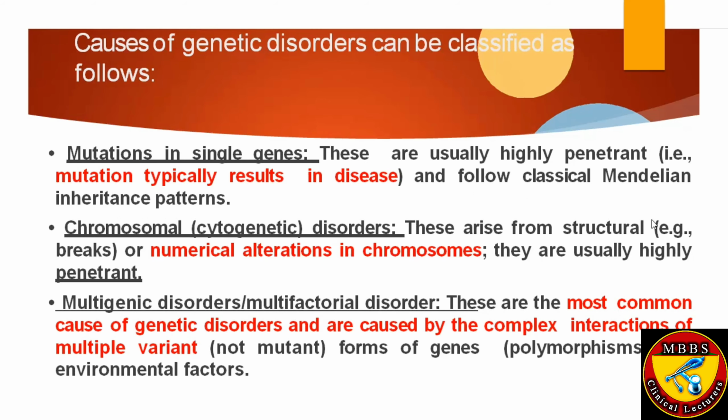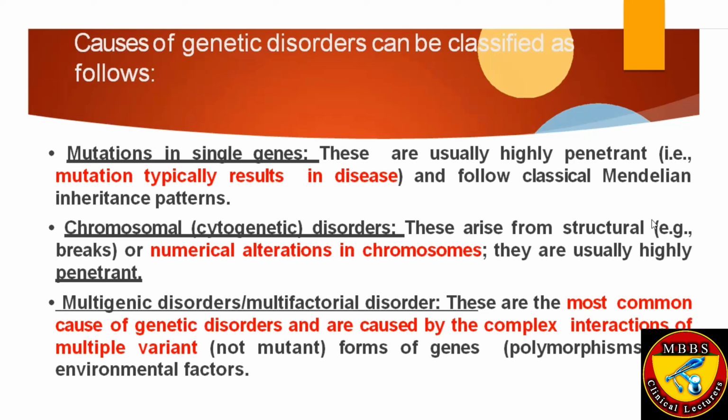When we are talking about genetic disorders, we classify them as mutation in a single gene, chromosomal disorders, or multigenic disorders. Mutation in a single gene is usually highly penetrant, that is, the mutation typically results in disease and follows a classic Mendelian inheritance pattern.